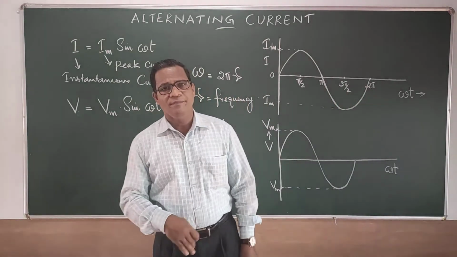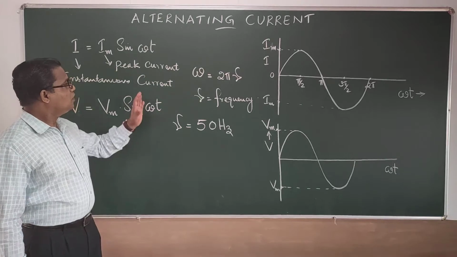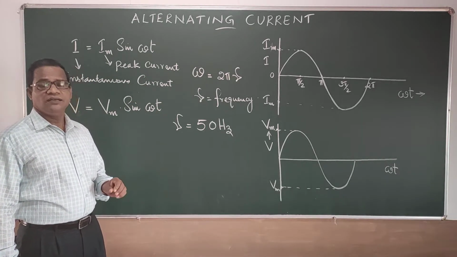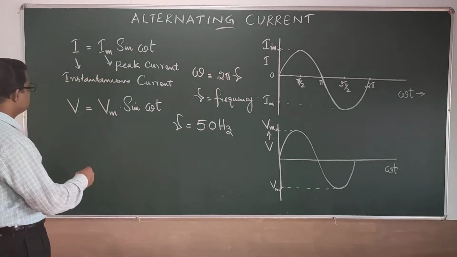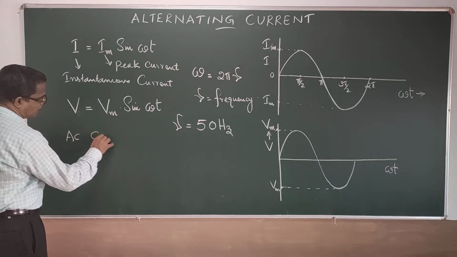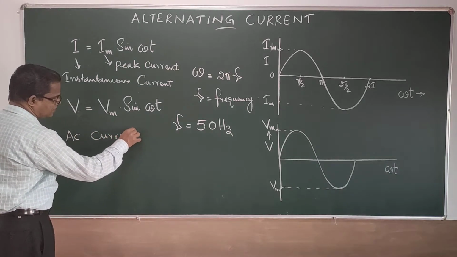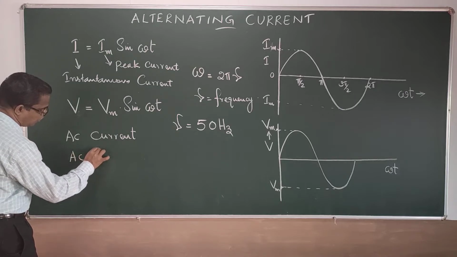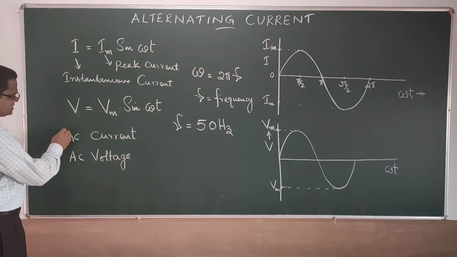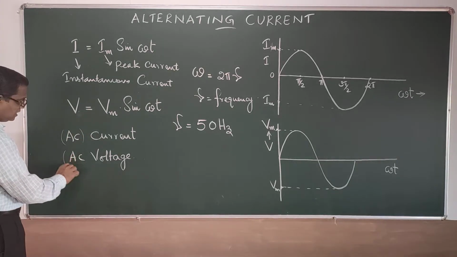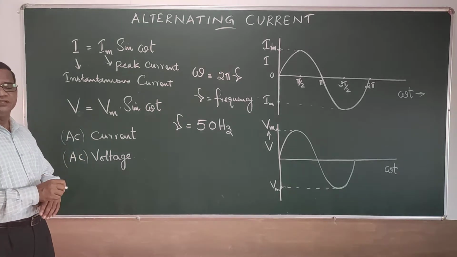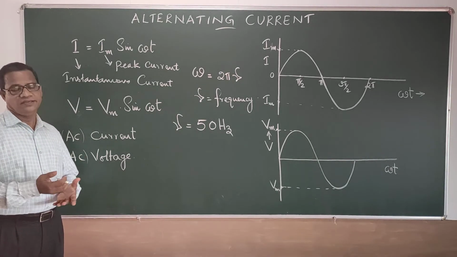So these are the basics of alternating current and alternating voltage. And in general, we shorten this as AC current and AC voltage. This AC is an abbreviation, just telling that it is varying or alternating.